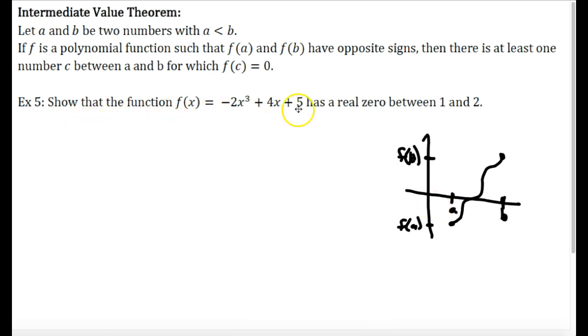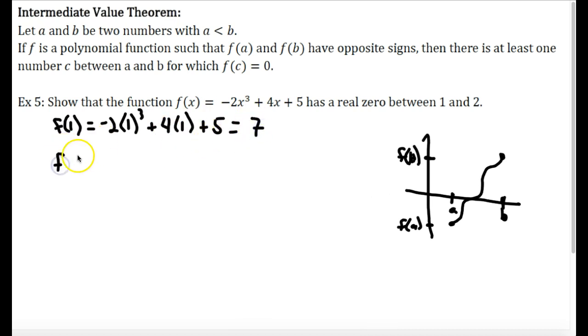So for this example here, it says show that this function has a 0 in between x equals 1 and x equals 2. Well, let's just plug those in and see what we get. If I plug 1 in here, negative 2 times 1 cubed plus 4 times 1 plus 5, we get negative 2 plus 4 is 2, plus 5 is 7.